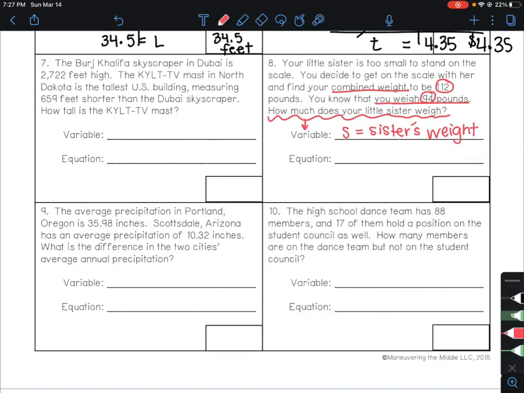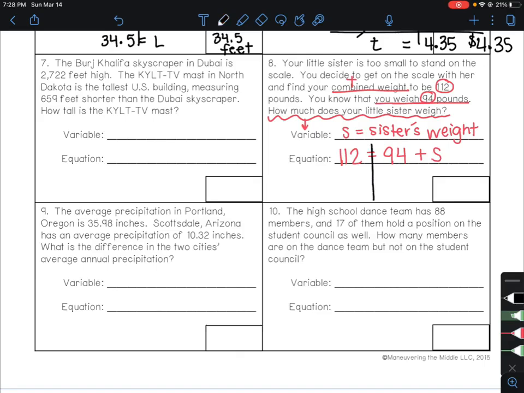What we do know is that we have a combined weight. So your weight and your sister's weight added equals 112. So 112 equals your weight, which is 94, added to your sister's weight, which we don't know, but we called it S. So that's how we would set up our equation.